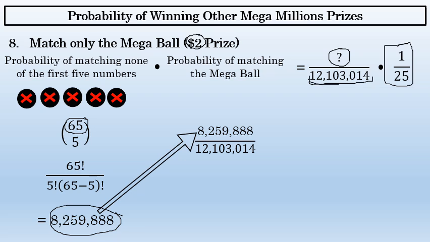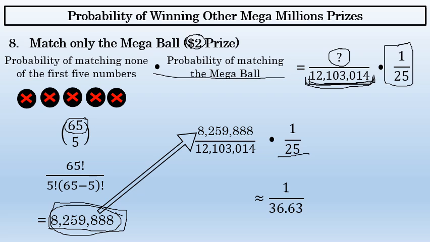Again, there are just over 12.1 million ways those first 5 numbers can be drawn. The number of ways after they're drawn that none of them match is a total of 8,259,888. We'll multiply that by the 1 in 25 probability of matching the mega ball and get our total probability of matching only the mega ball, which is 1 in 36.63.